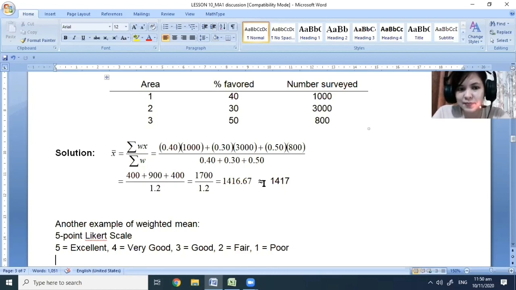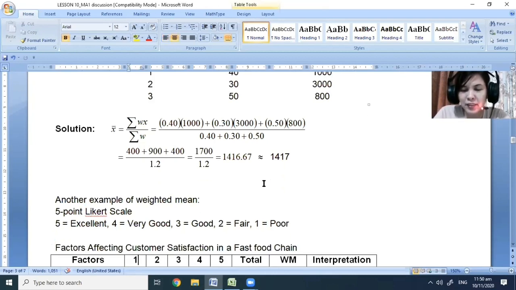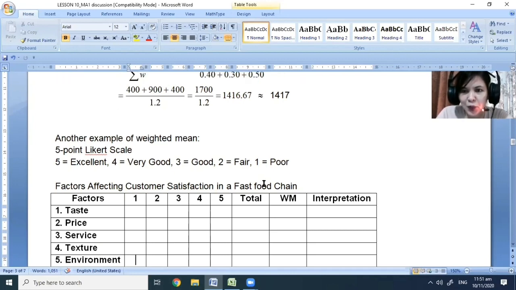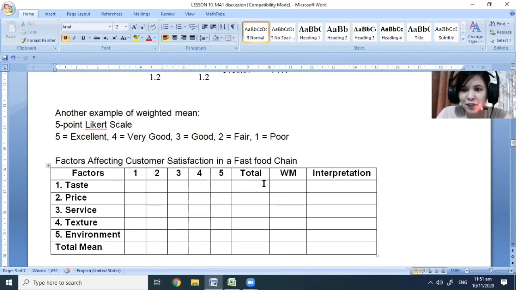That's it. Another example of weighted mean, we have here a 5-point Likert scale, wherein 5 is the highest, excellent, 4 very good, 3 good, 2 fair, 1 poor. The title of our research paper, for example, is factors affecting customer satisfaction in the fast food chain, wherein I have 5 factors, indicators, or predictors, which are taste, price, service, texture, environment.